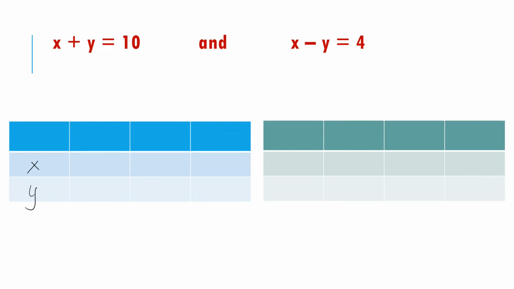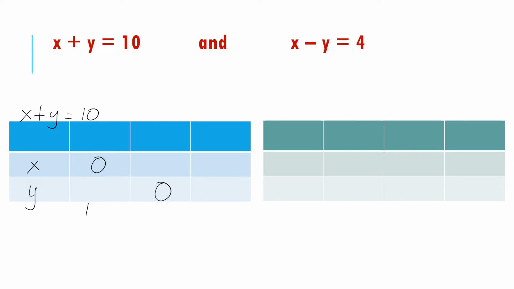We can write x plus y equals 10. So you can write x 0, y 0, and find out: if x equals 0, what number is y?